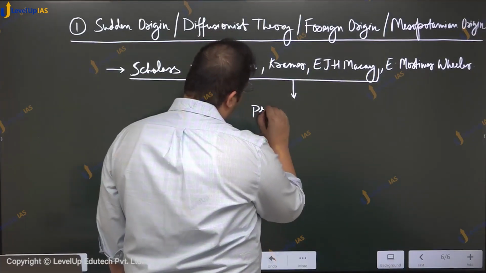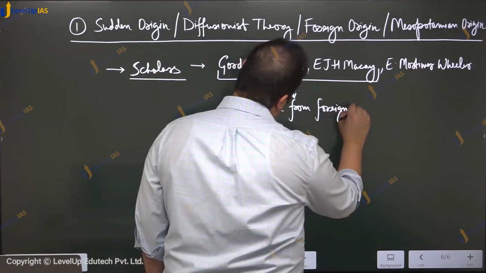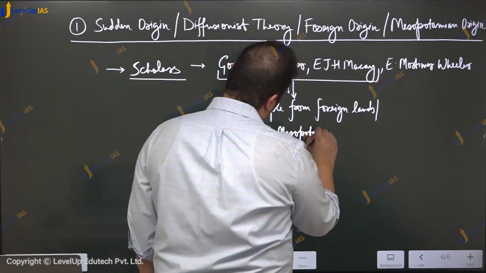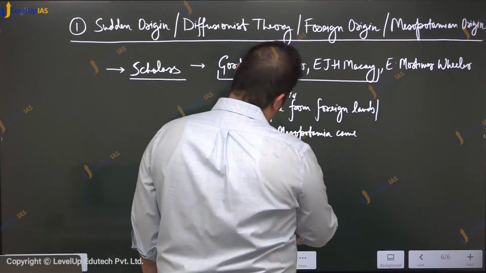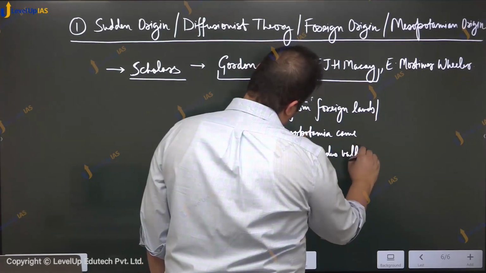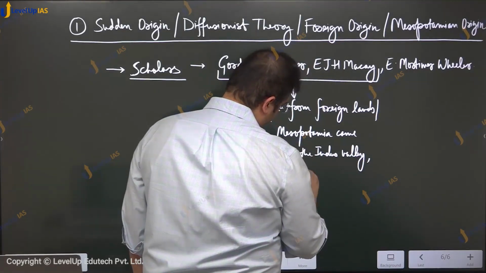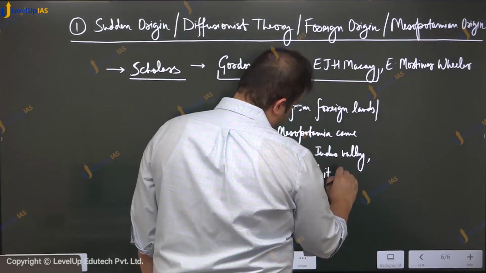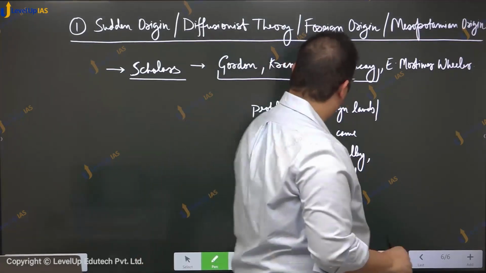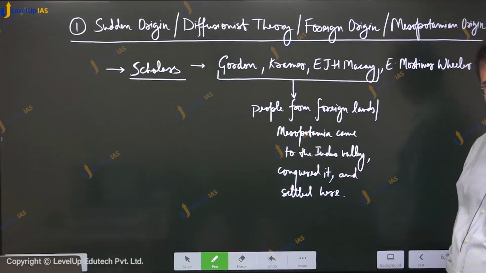So people from foreign lands, specifically from Mesopotamia, came to the Indus Valley, conquered it, and settled here.